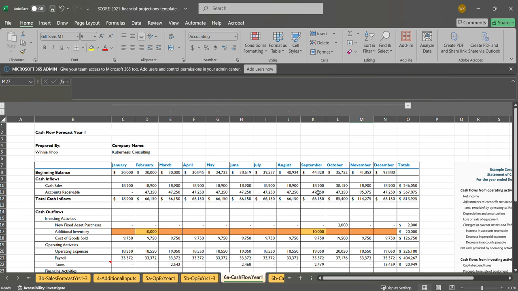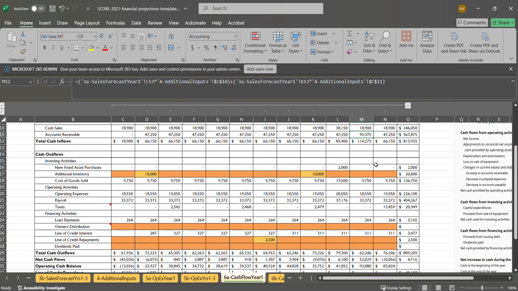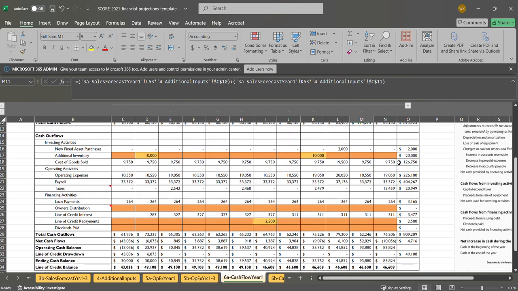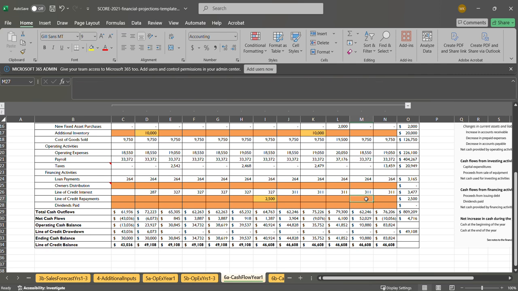November, again, after the huge spike in sales in October, we finally get a nice chunk of cash coming in November. So I'm going to say, and this is the balance that we still owe to the bank, I'm going to pay down maybe $20,000 here. So when we pay $20,000, the amount owed to the bank goes down.